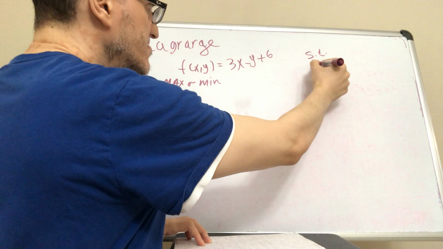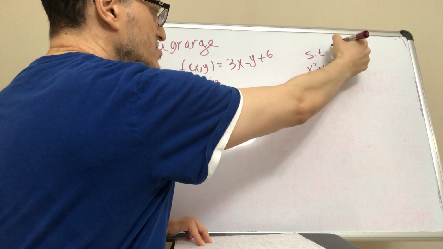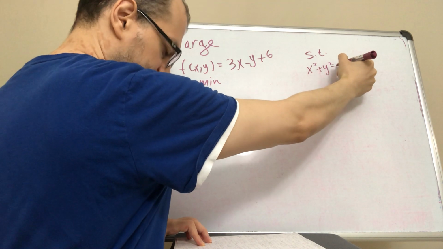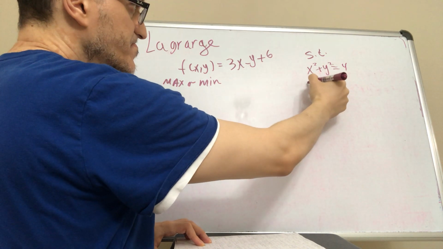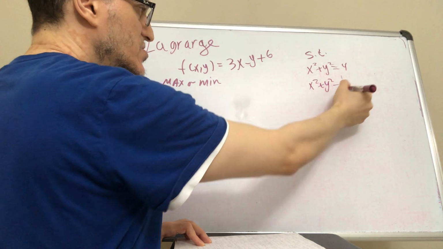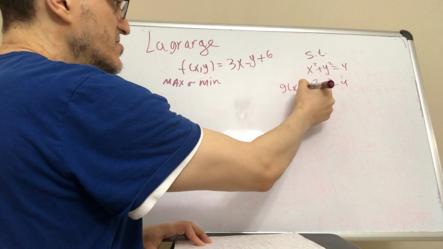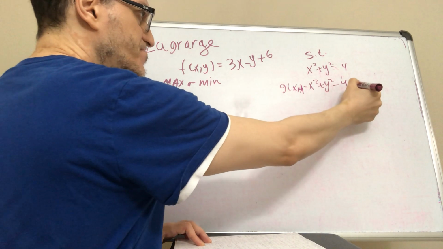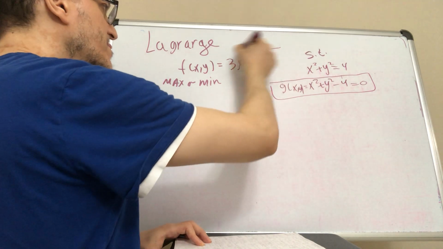The constraint x squared plus y squared, this is subject to equals 4. So you bring this over, x squared plus y squared minus 4, and you call this function g of x y.